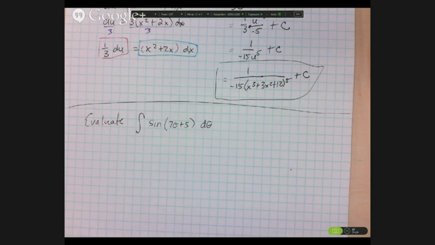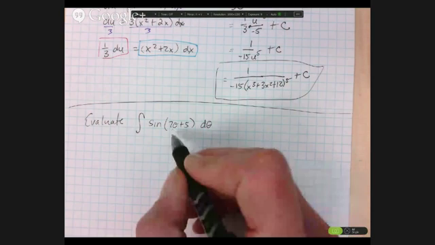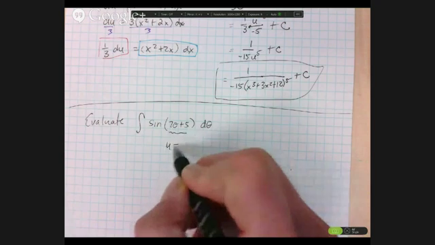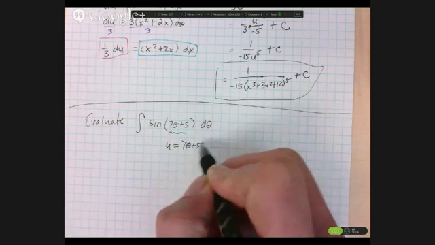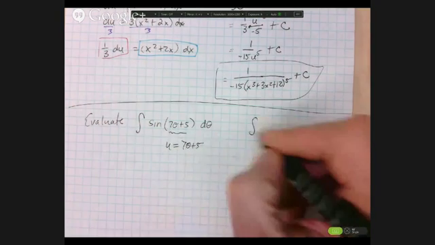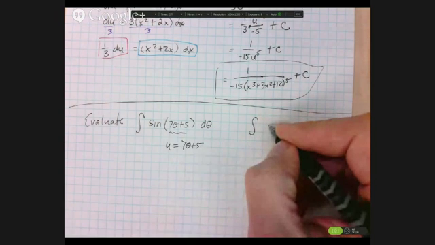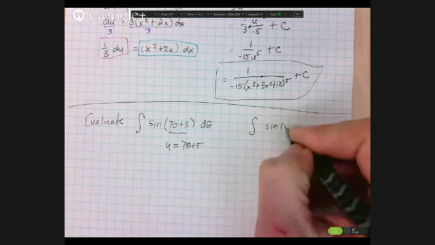You guys can already do this based on one of the formulas I gave you. But we can also do it using u substitution. What am I going to set u equal to? If you can do this, go ahead. Don't you have to have the derivative in it?